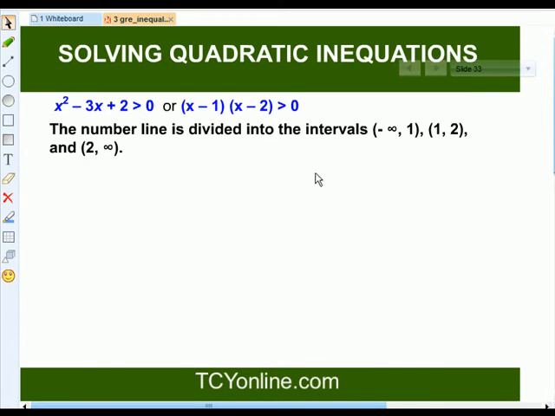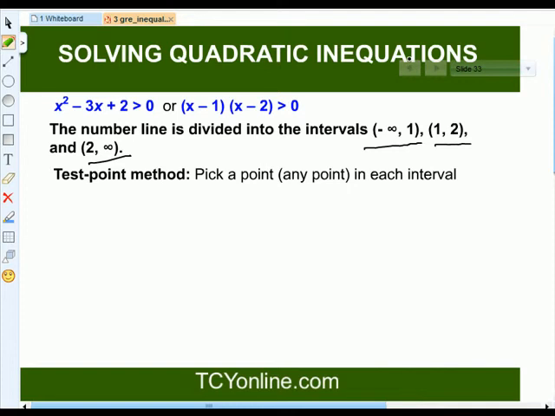Now we know that the number line is divided into the intervals negative infinity till 1, 1 comma 2 and 2 till infinity. So now we will test a point in each of these intervals.